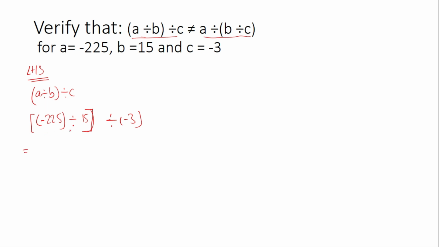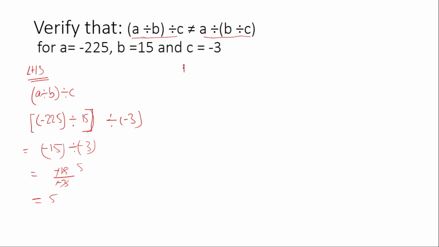So we will solve this bracket first. Minus 225 divided by 15 is minus 15, divided by minus 3, or minus 15 by minus 3, it will be 5. So the answer for left hand side is 5.